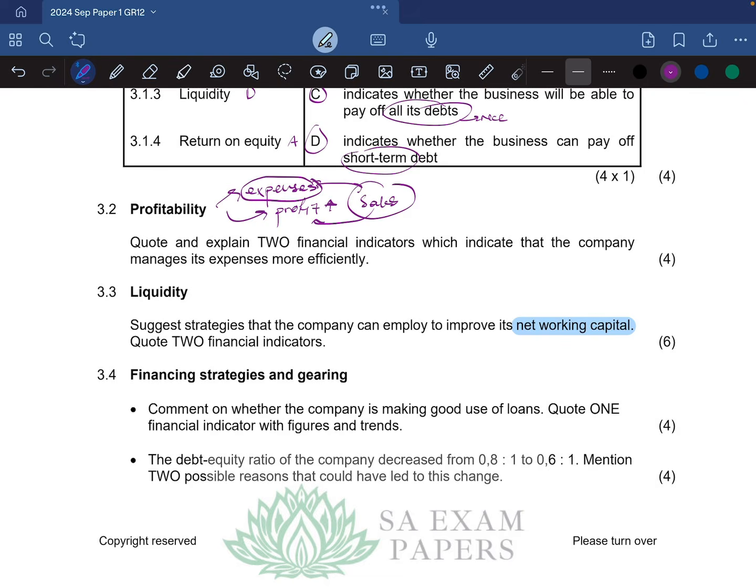Another one could be your current ratio. Another one could also be your average debtors collection period, because whenever we have our average debtors collection, we need to ensure that we are able to receive cash from our debtors so that we can continue with operations in the future, such that as we receive cash, we are able to continue having enough cash flows in the business.